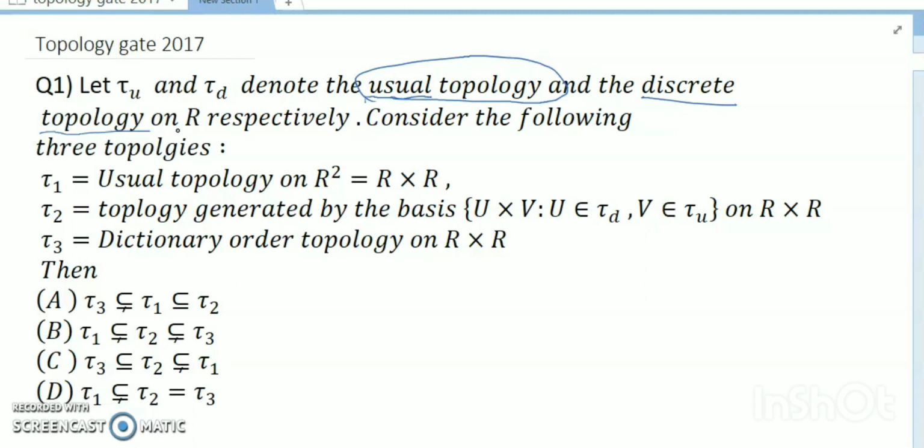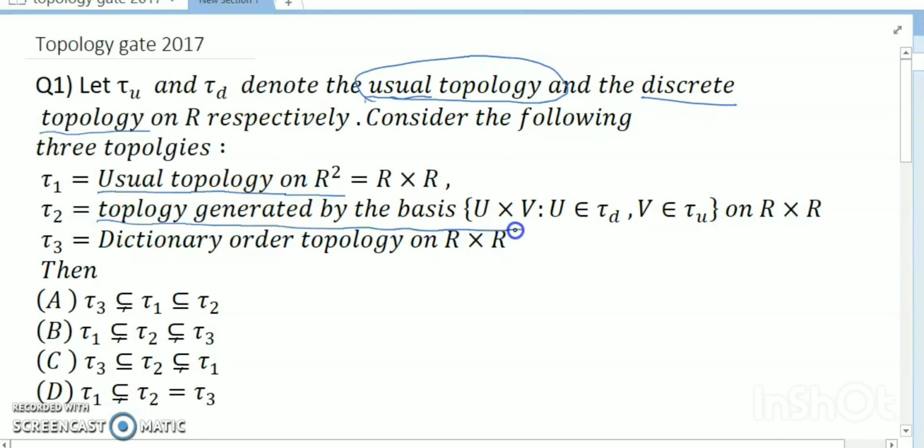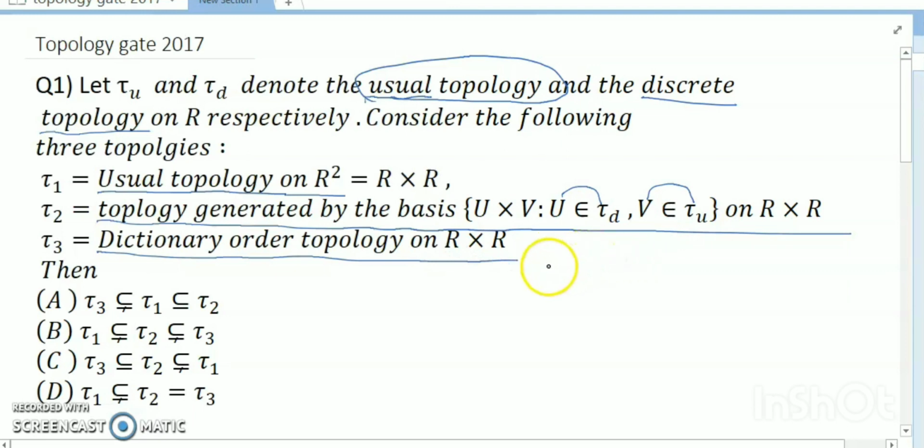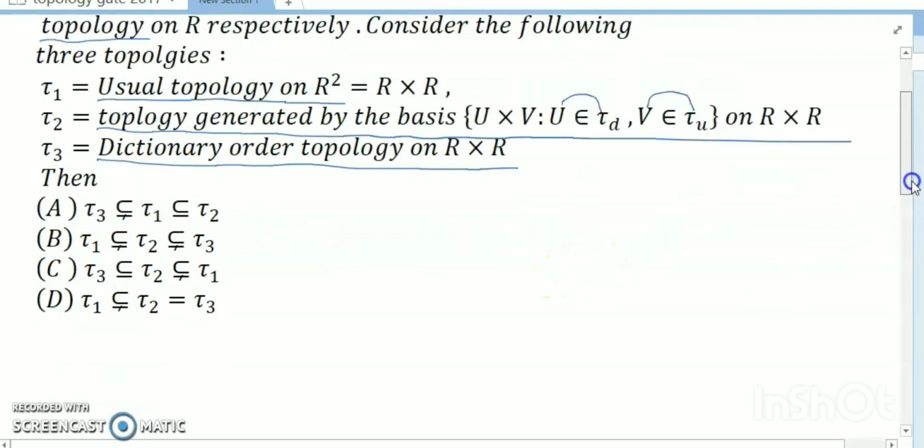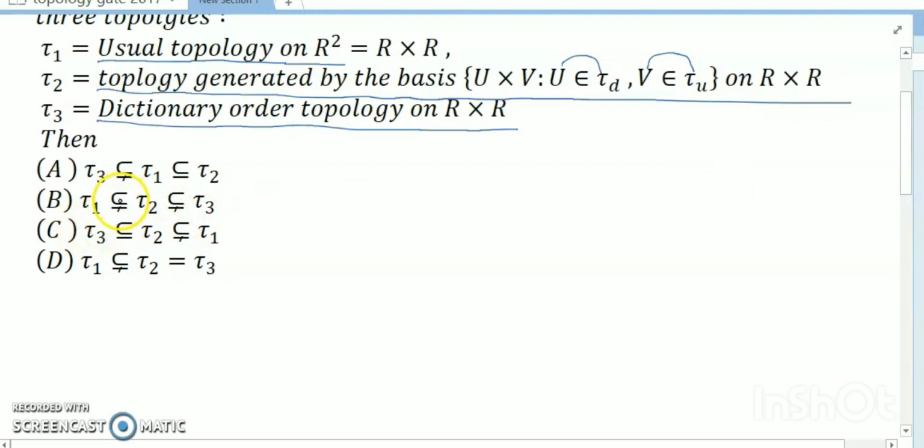So we need to learn everything and consider the following three topologies. Tau 1 is the usual topology on R square. Tau 2 is the topology generated by the basis of u cross v, where u belongs to tau d and v belongs to tau u, on R cross R. Tau 3 is the dictionary order topology on R cross R. Then we need to say which option is correct.